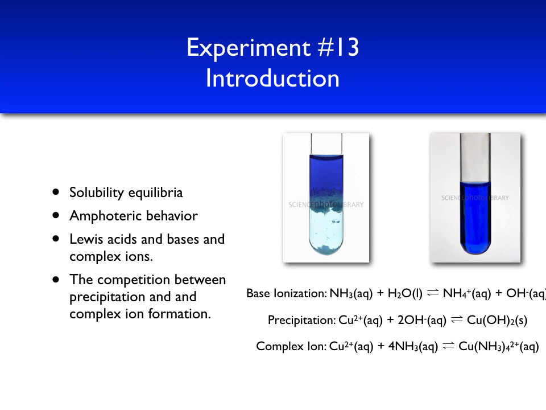There is a lot of competition between the various types of equilibria that occur in solution. For example, we can see on the right that we have 3 equilibria involved in the observations that we're noting here. First of all, when we add ammonia to water, it can undergo base ionization to form the ammonium ion and the hydroxide ion. The hydroxide ion can then react with the copper 2 plus in the solution to form a precipitate, which you can see in the left picture.